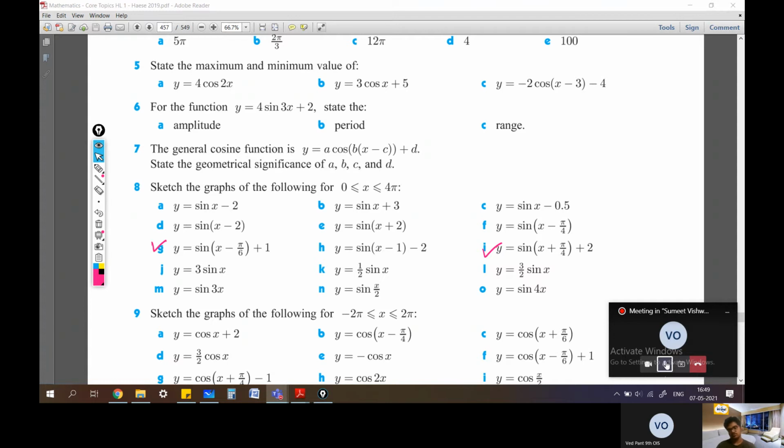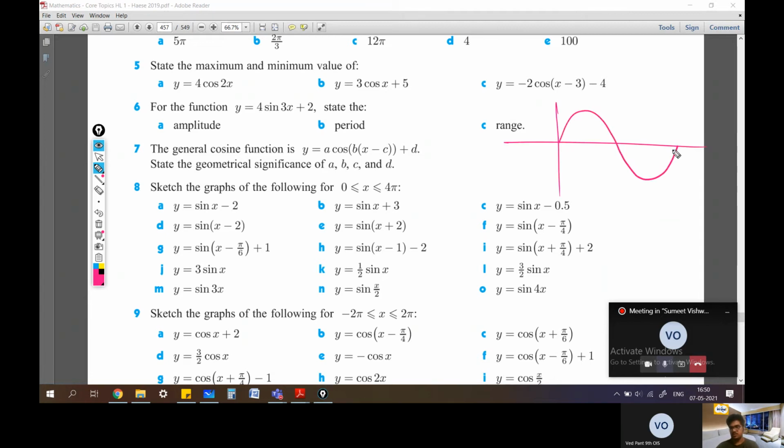So according to Desmos, yes, for G it's going to the left, but it's minus, so it should go to the right. I think it is right. But how much right? Only a little bit, only 30 degrees.